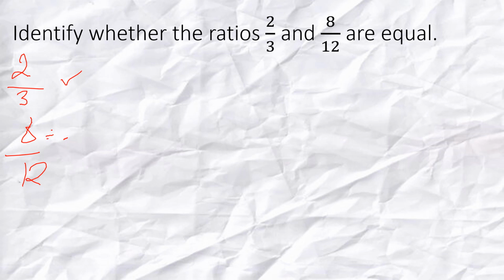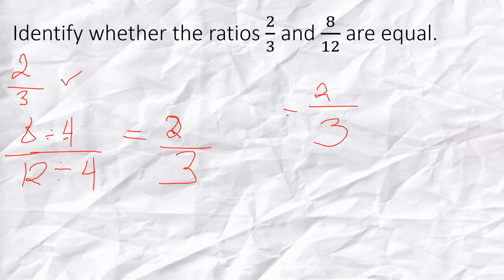So we divide each term by 4. 8 divided by 4 is 2, and 12 divided by 4 is 3. So our new ratio now is 2 over 3. Therefore, 2 over 3 is equal to 2 over 3. So these two given ratios, 2 over 3 and 8 over 12, are equal, or are called equivalent ratios.